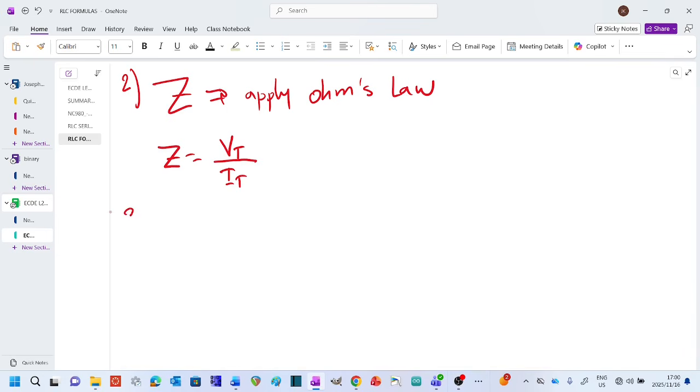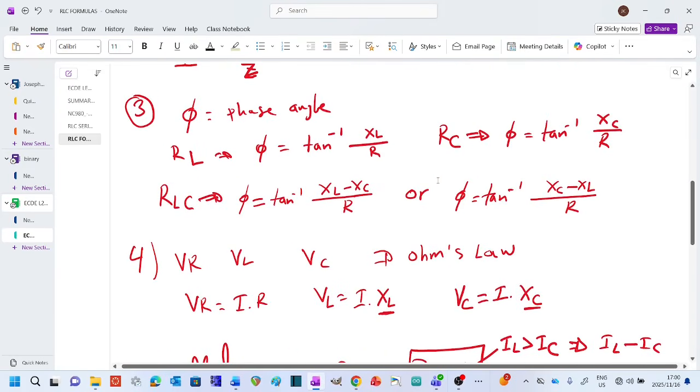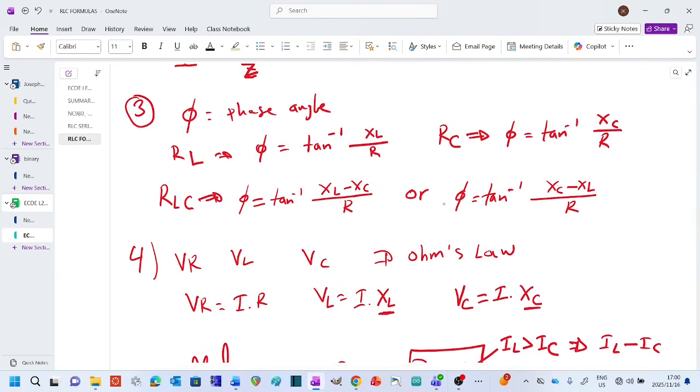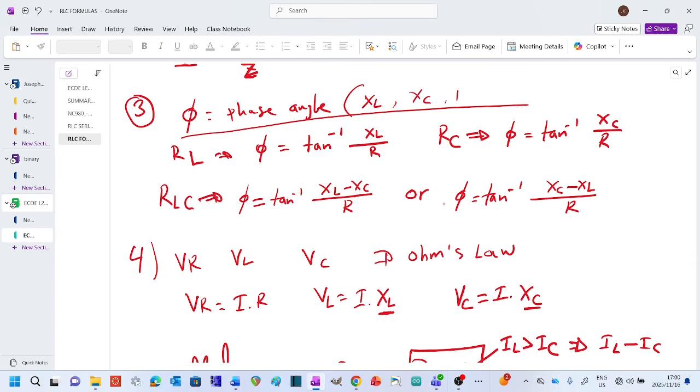So number 3, they would ask you to calculate the phase angle. Remember, the parallel circuit is a current circuit. So when they ask you to calculate the phase angle, remember in series when we were calculating the phase angle, it was all about XL, XC, R. That's what we did in a series circuit.